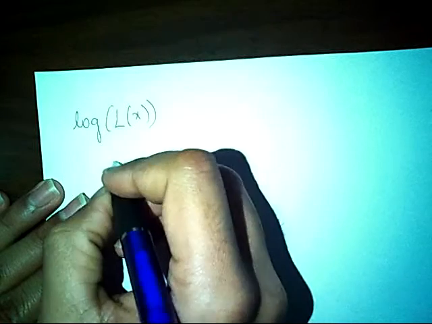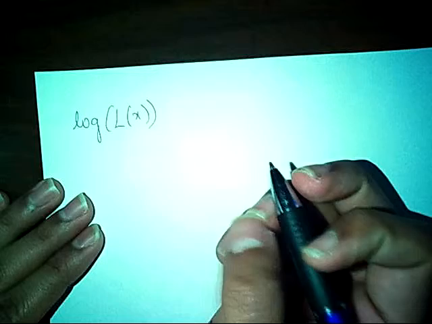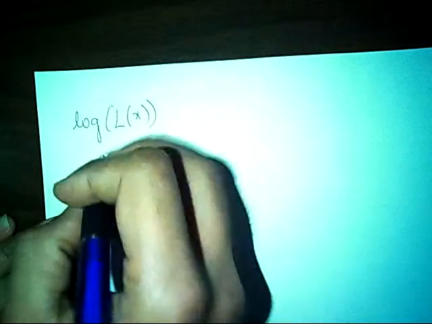Like before, we are going to take the log of the likelihood function and we are going to convert the product into a summation.